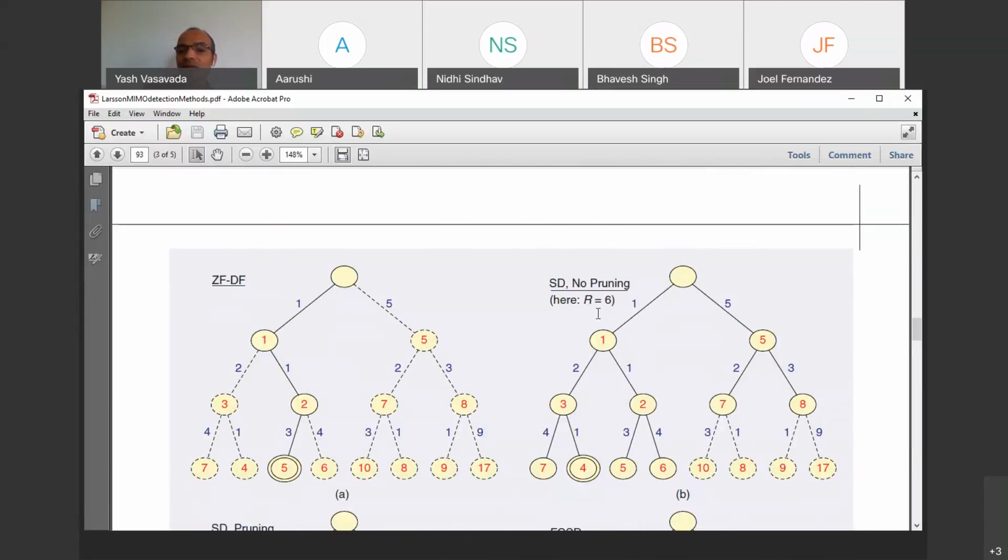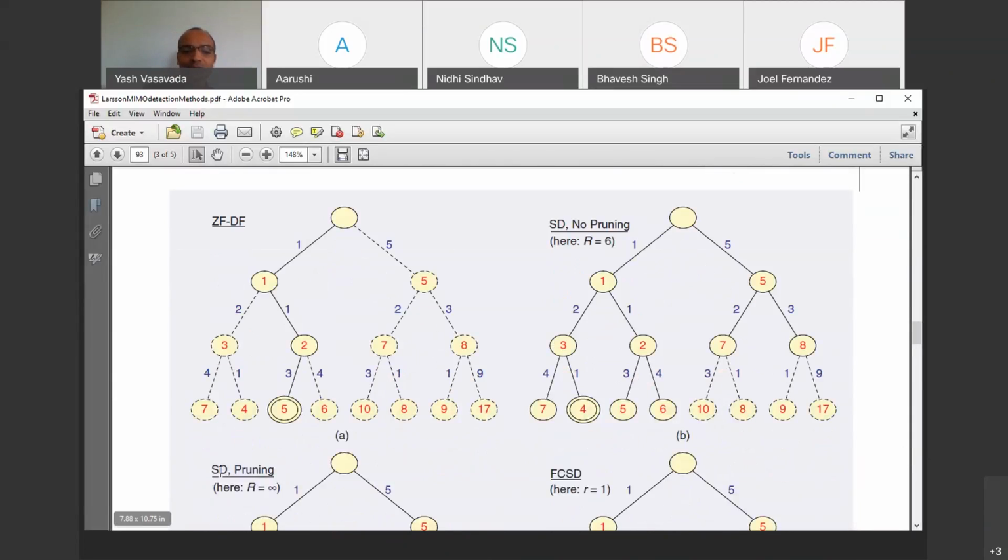There is one more smarter version of this sphere decoding without pruning, which obviously you will guess will be called sphere decoding with pruning because it is smarter. What this algorithm says is that I don't know how to set the radius of the sphere. But I'll be looking at the data, and based on that I will continuously adapt the radius.